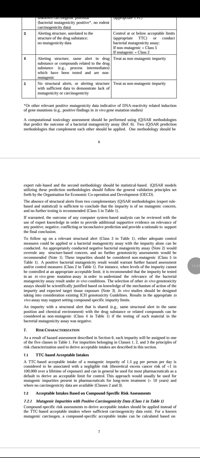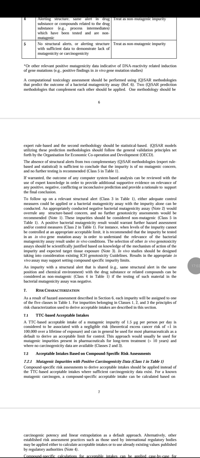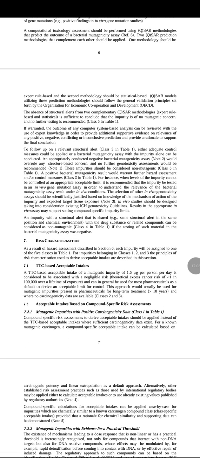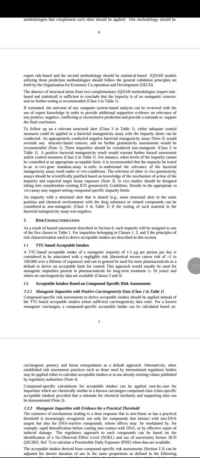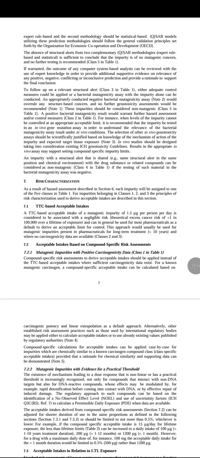Alerting structure: if there is a structural alert in the drug substance and compounds related to the drug substance, treat as a non-mutagenic impurity. No structural alerts, or an alerting structure with sufficient data demonstrating lack of mutagenicity, is treated as a non-mutagenic impurity. Then the absence of structural alerts from two complementary QSAR systems should be sufficient to conclude the impurity is not of mutagenic concern.